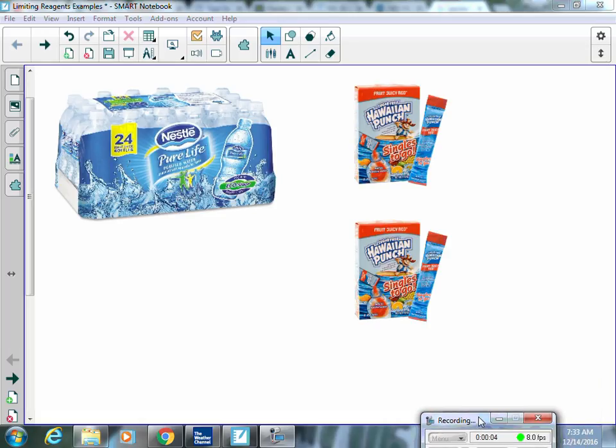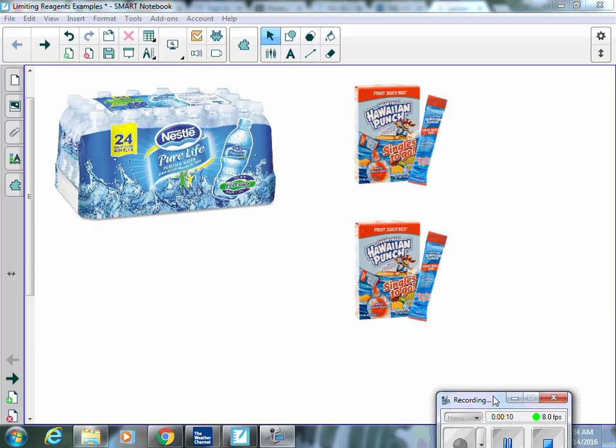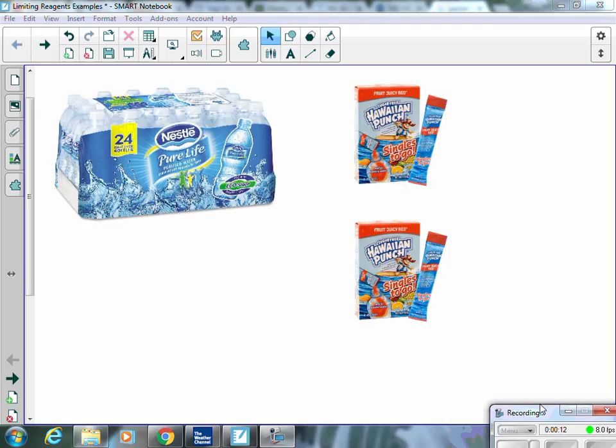I'm not going to lie to you, folks. This limiting reagent is some stuff. Limiting reagents are some things that folks have trouble visualizing.